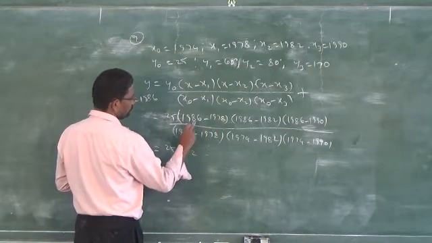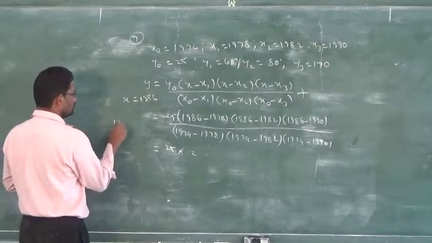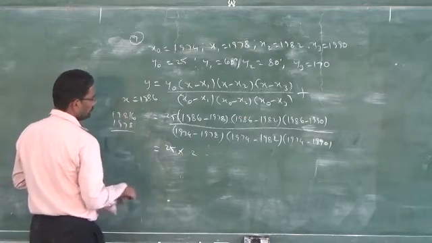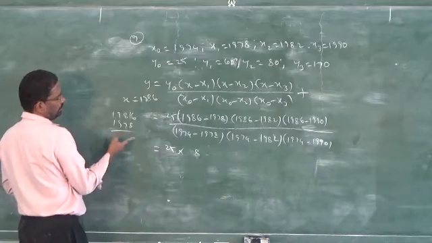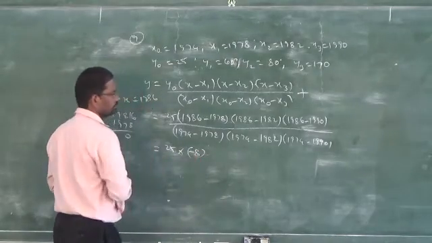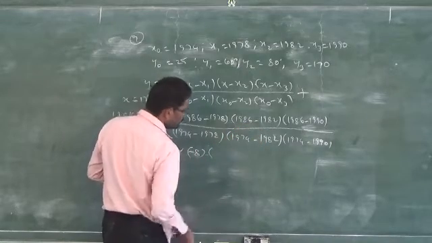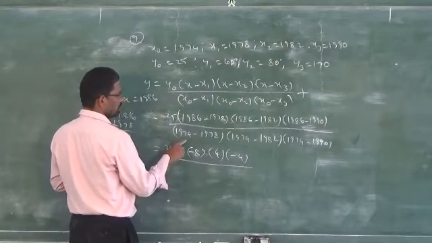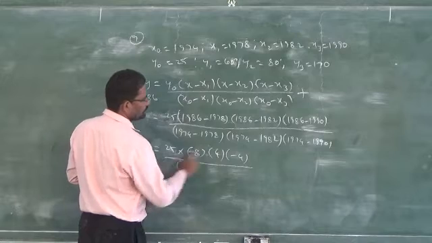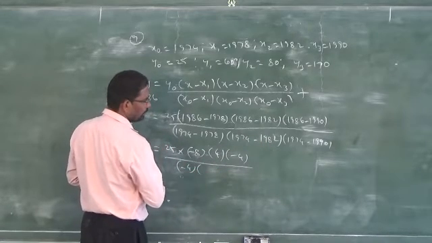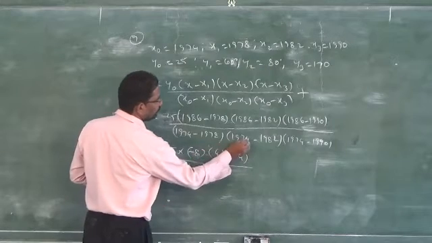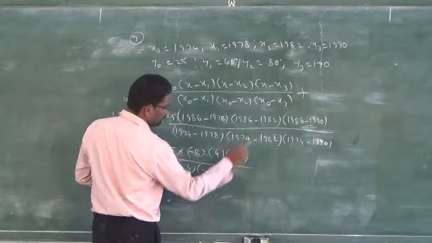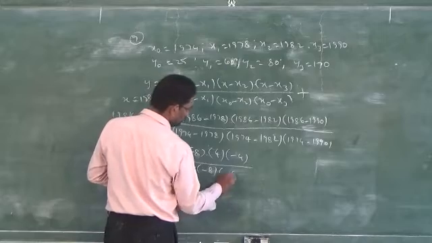86 minus 78 is 8, 86 minus 82 is 4, 86 minus 90 is minus 4, over 74 minus 78, minus 4, and 74 minus 82 is minus 8, and 74 minus 90 is minus 16.